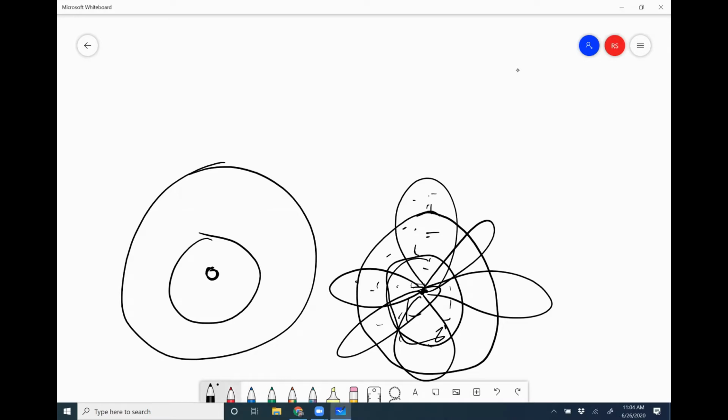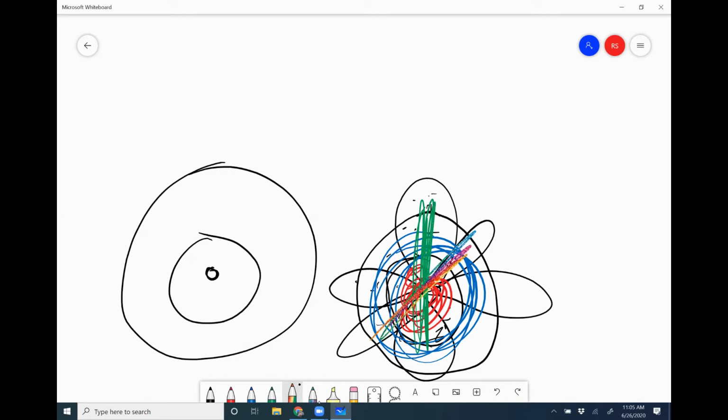So in the case of the s's, you have two electrons bubbling around in here, and then two electrons bubbling around in here. But for the p's, that's one electron here, and then one here, and then one here. Sorry, two electrons in each one of those orbits.